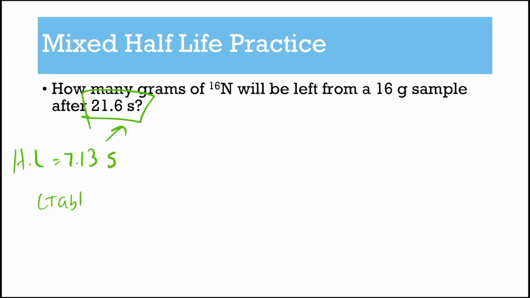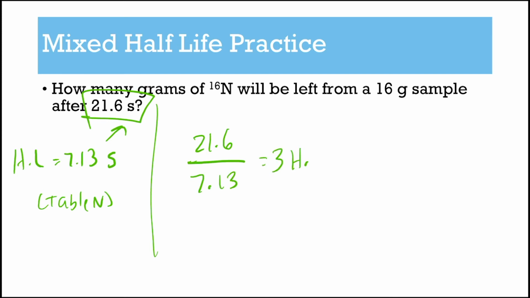Incredibly short. So it's saying, okay, if a half-life is 7 seconds and it goes on for 21 seconds, how much is left? So the first thing we want to do is figure out how many half-lives went by. So you take the total time and divide that by how long the half-life is. And that means 3 half-lives occurred.